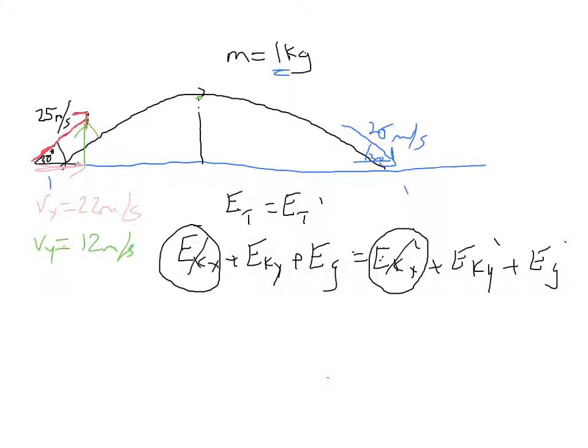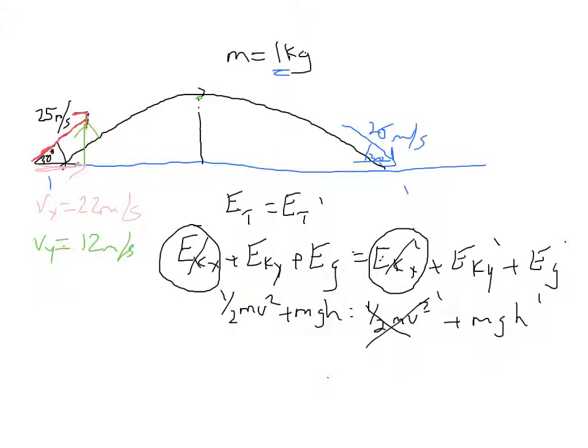So this will become 1/2 mv squared plus mgh equals 1/2 mv prime squared plus mgh prime. And I know that my velocity at this particular point in time in the y component at the top of the projectile is 0. So that will take care of this term.